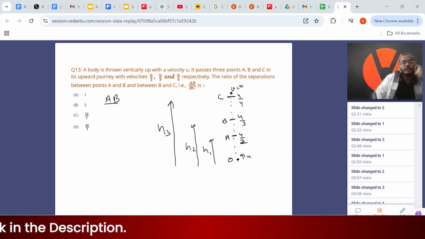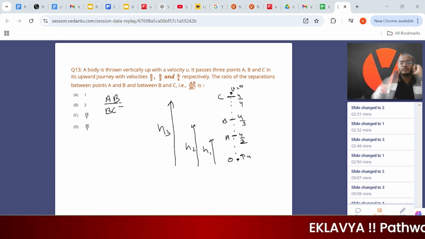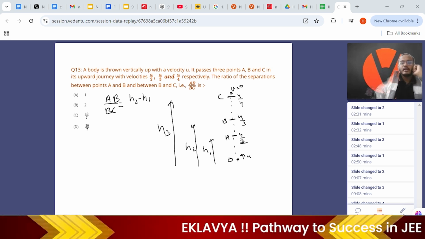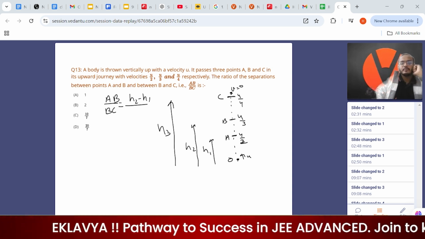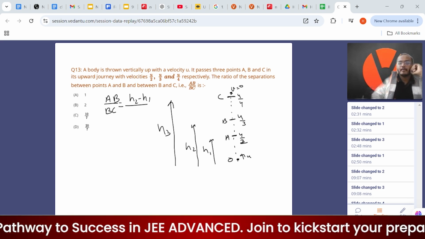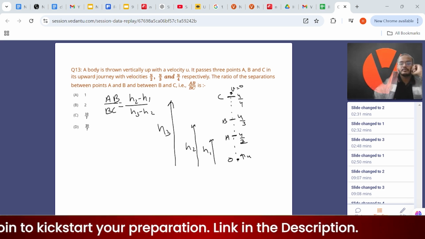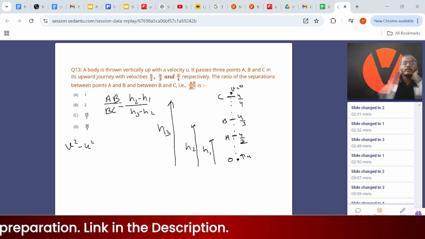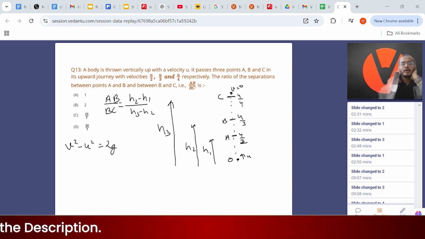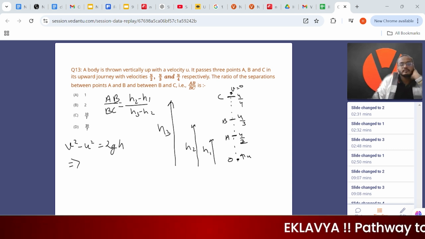Now we know that AB upon BC will be equal to H2 minus H1 divided by H3 minus H2. Now we know that V square minus U square is equal to 2GH.